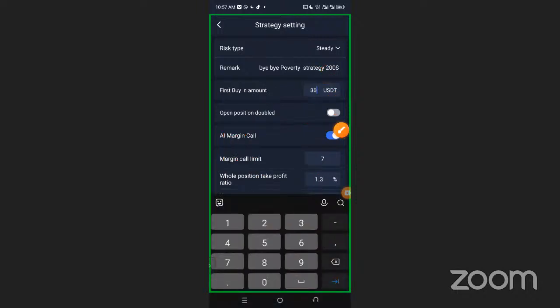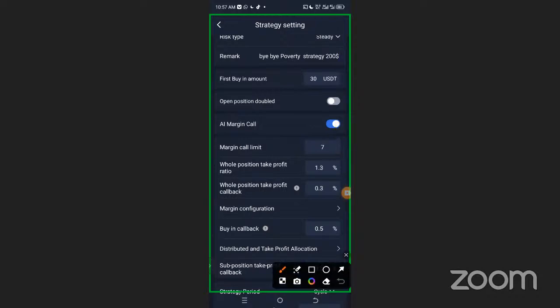Then I said AI margin call has to be on. Why is it on? Because we are trading with smaller margin calls. We don't want the robot to buy them extravagantly.